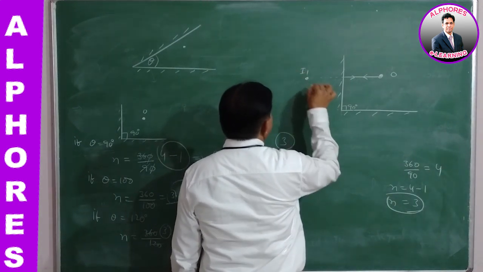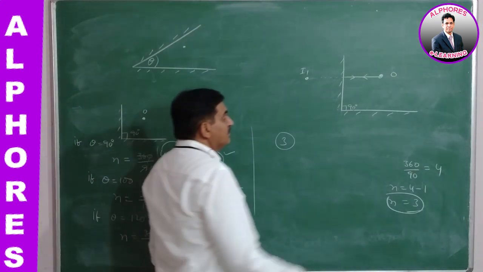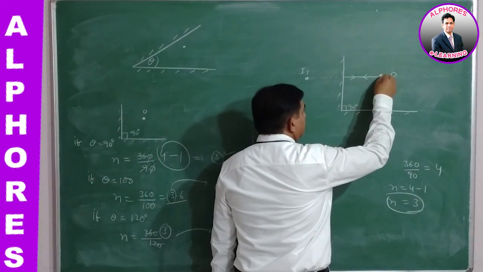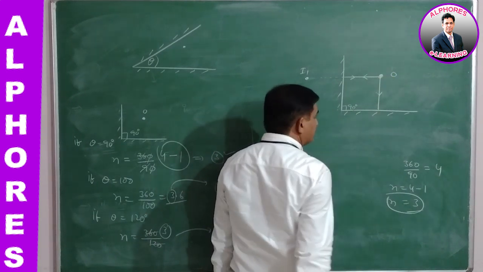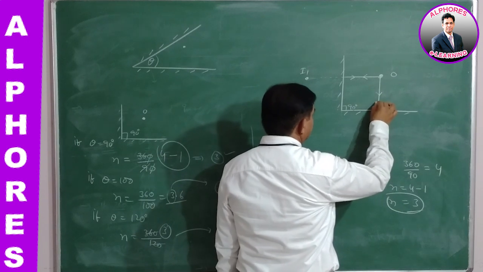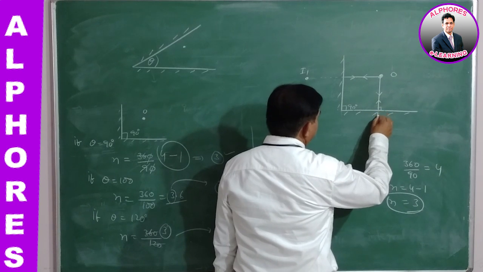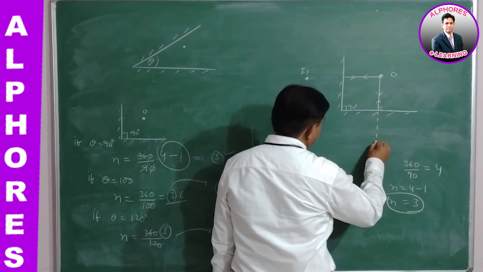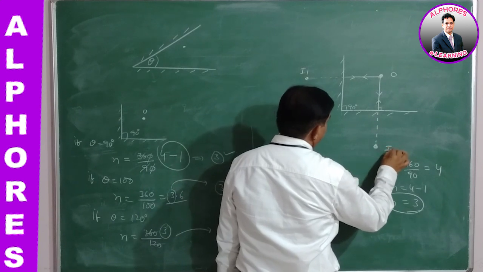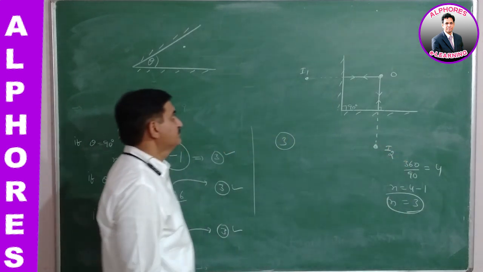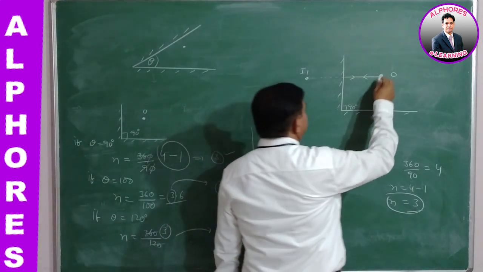Similarly, one more ray is considered, which is also normally incident on the second mirror. For normal incidence, light retraces and its corresponding image is formed in this mirror. This is I2, this is I1.